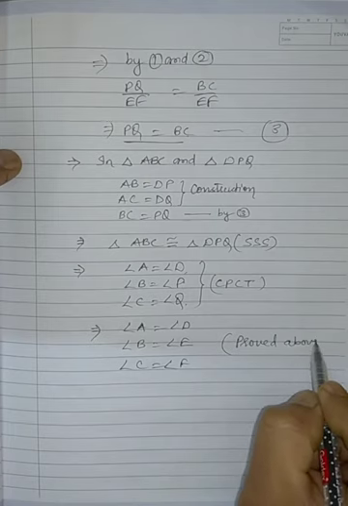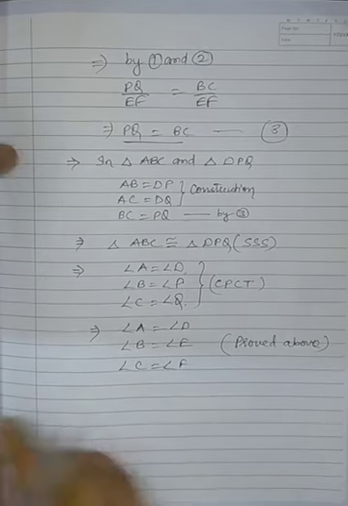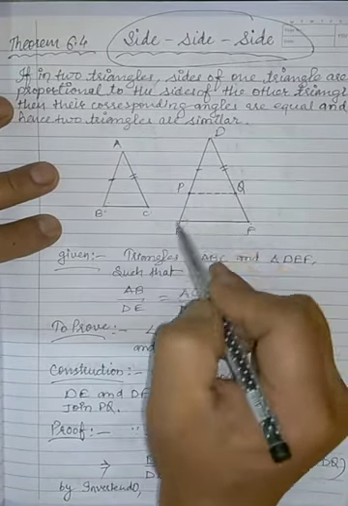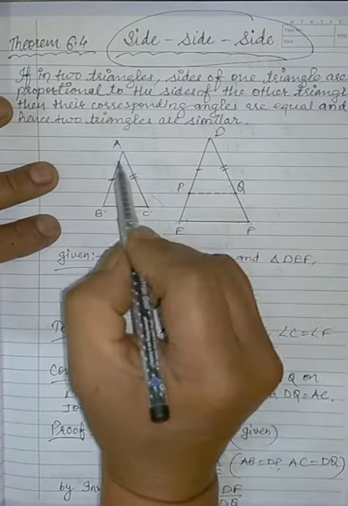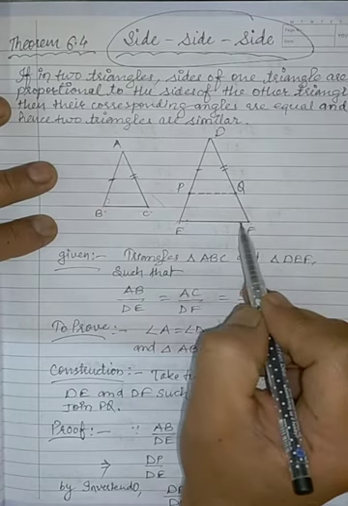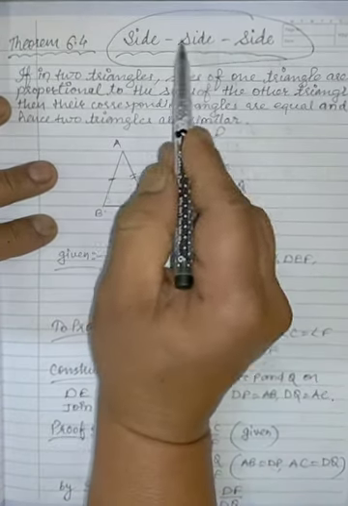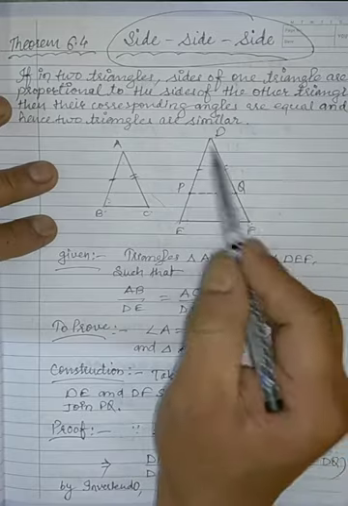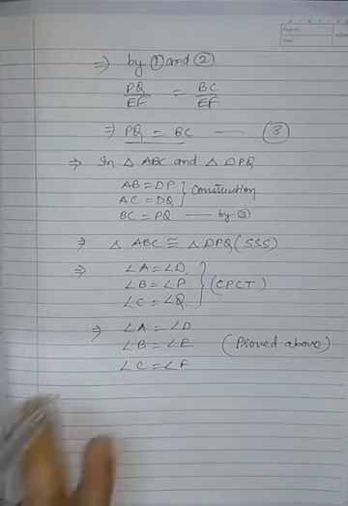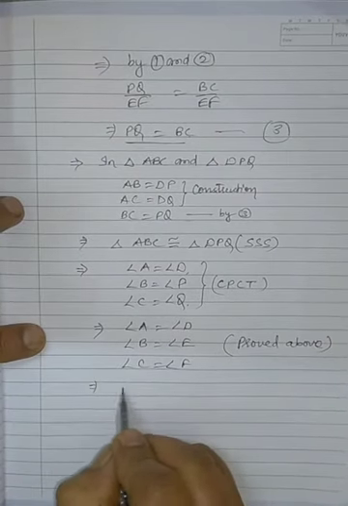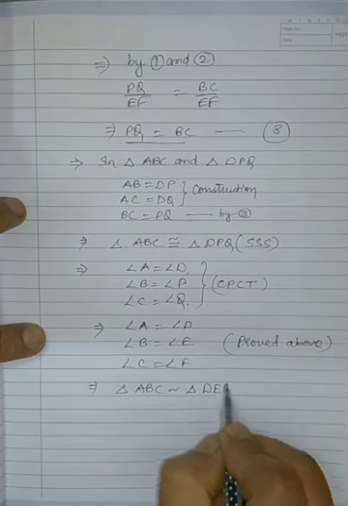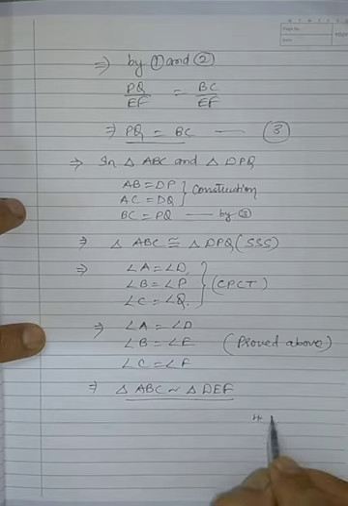In these two triangles, when sides were given proportional, we have proved that angle A is equal to D, B is equal to E, and C is equal to F. That means, according to the side theorem, if corresponding sides are proportional, then their corresponding angles are equal, and hence the two triangles are similar. Hence, proved.